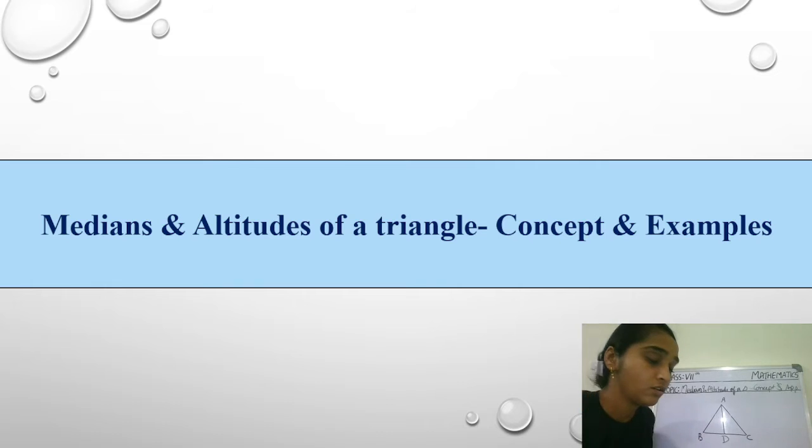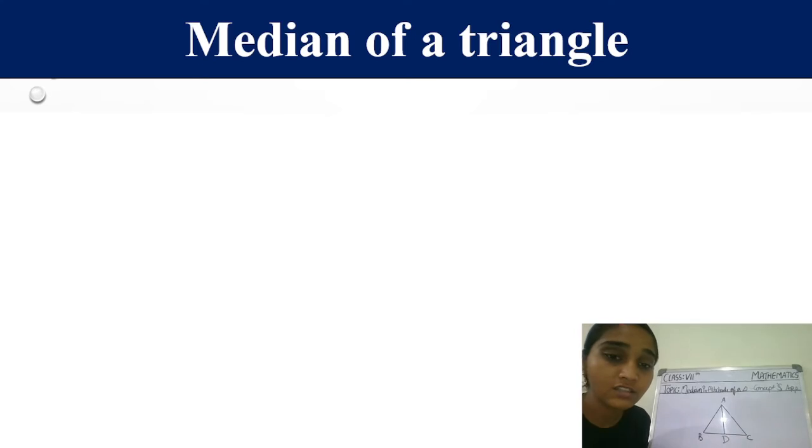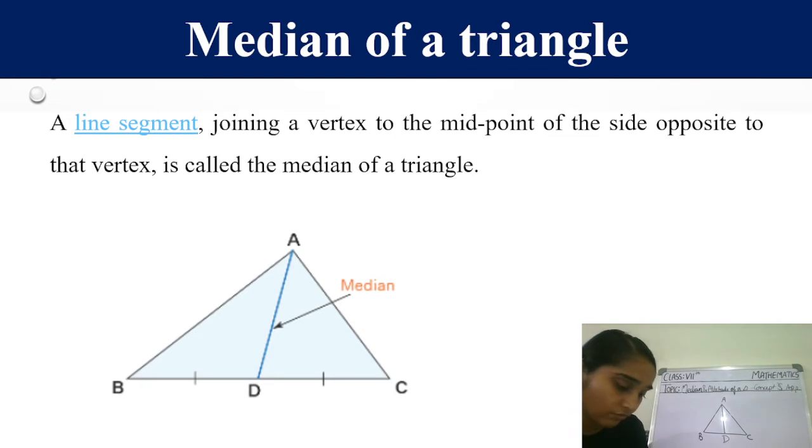Okay. So students, this is called the median of a triangle which we have drawn. So what is the median? We can say median is the line segment joining a vertex to the midpoint of the side opposite to that vertex. Since A is the vertex, the side opposite to this vertex is BC.